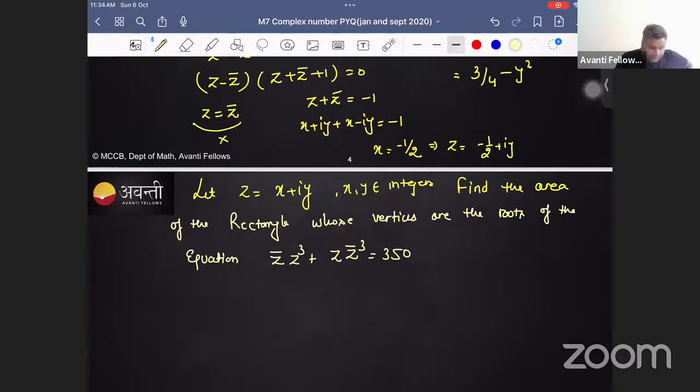Options if you want: A option 48, B option 32, C option 40, D option 80.